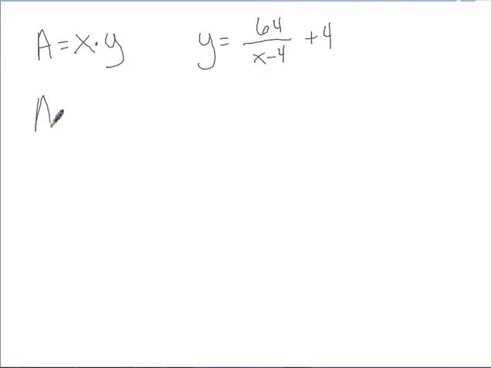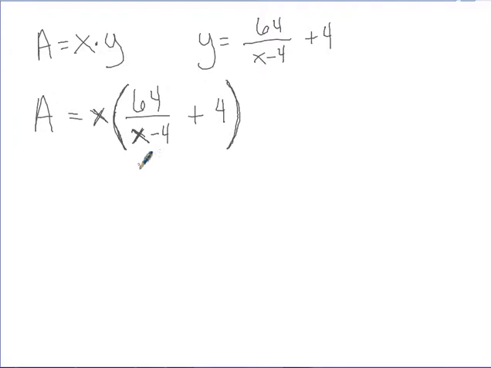So now the area is x times 30 divided by x minus 4 plus 4. Okay, this is an area formula with x as the only variable. Notice 30 is a constant, plus 4 is a constant, minus 4 is a constant. Our only variable on this side of the equation is x.